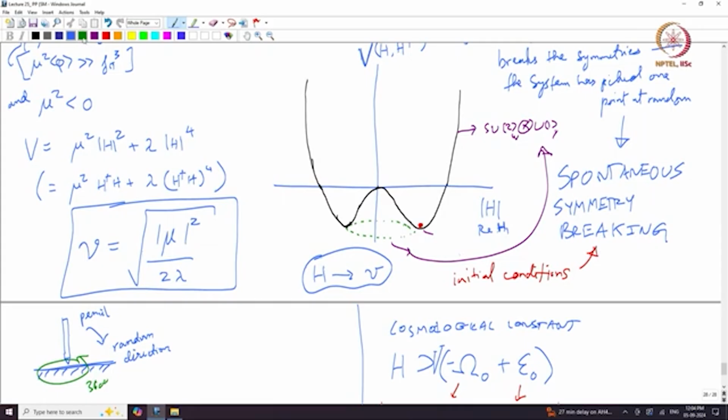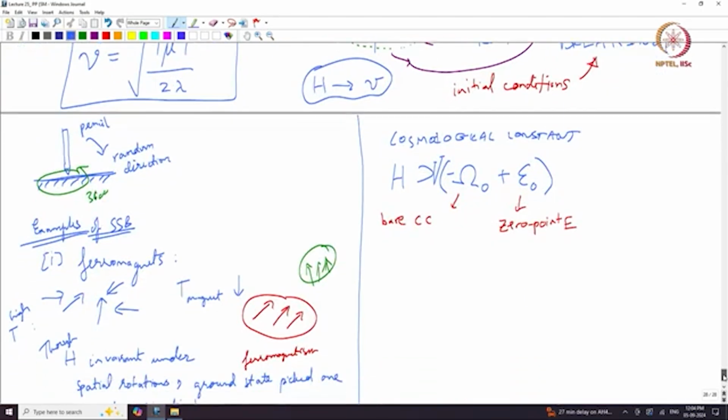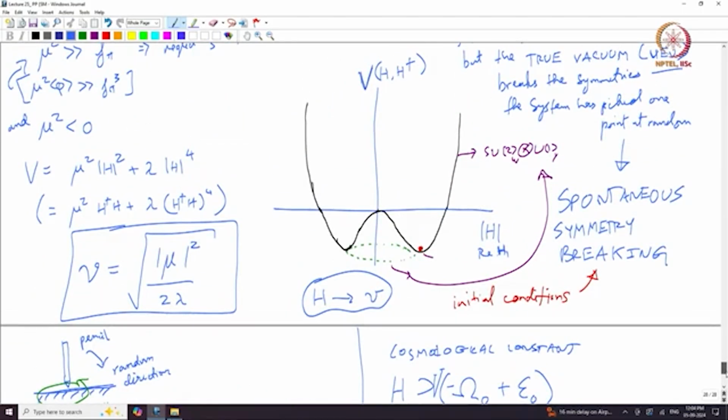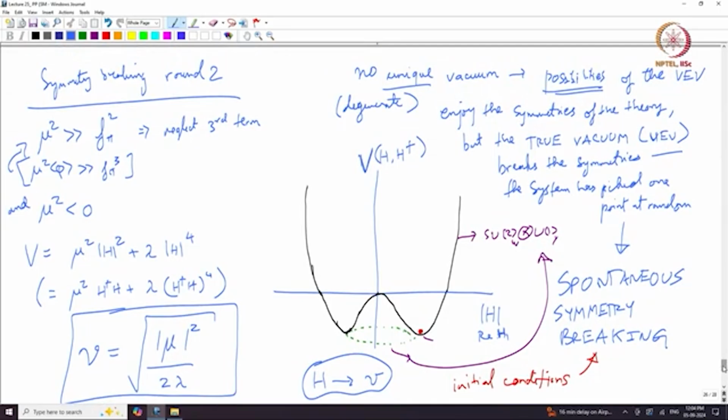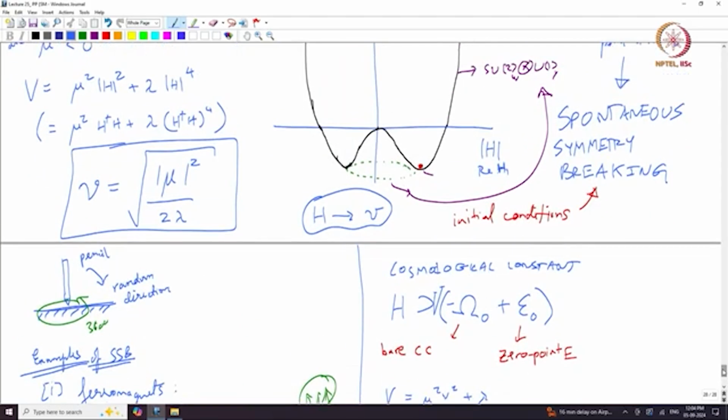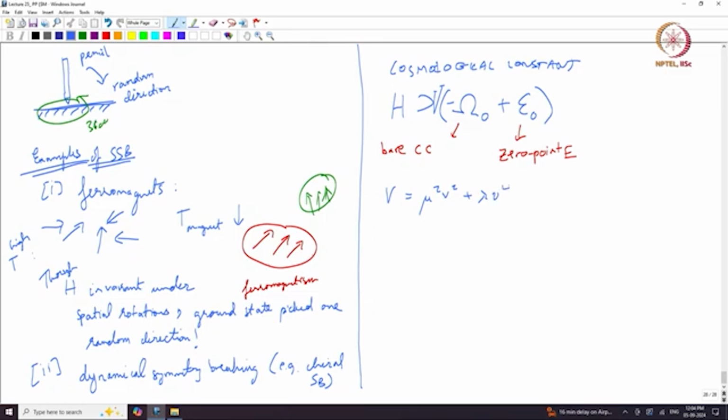The potential has basically become, I am going to take it from here, just mu squared v squared plus lambda times v to the 4th. In other words, since the field has taken on a constant value, the potential has also taken on a constant value at the minimum, correct.